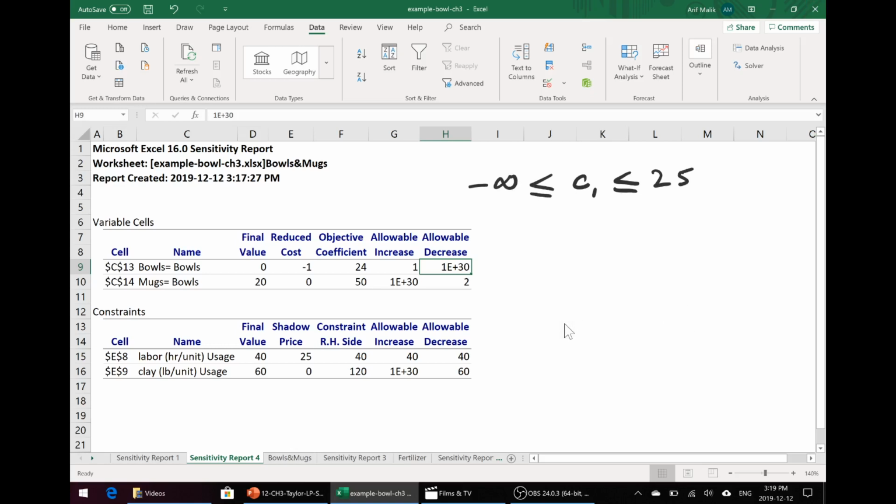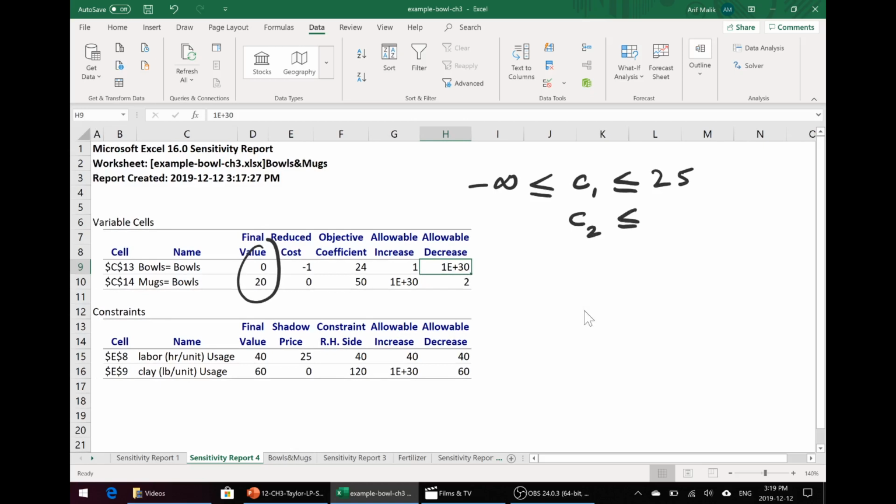This 10 raised to power 30 is actually allowable decrease minus infinity. So we can decrease the profit to minus infinity, and the corner point is not going to change, which is 0 and 20.